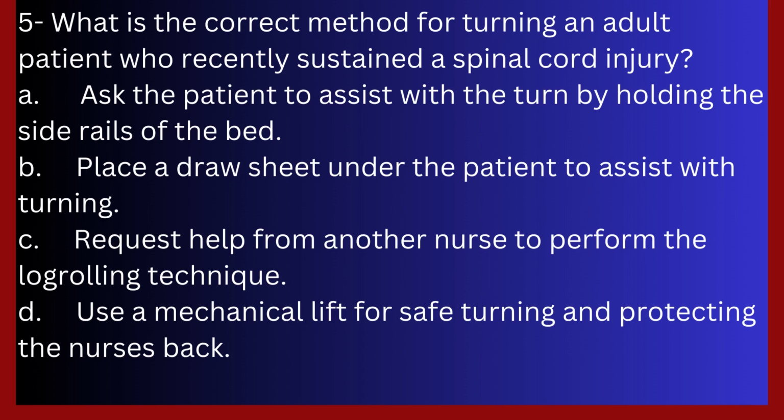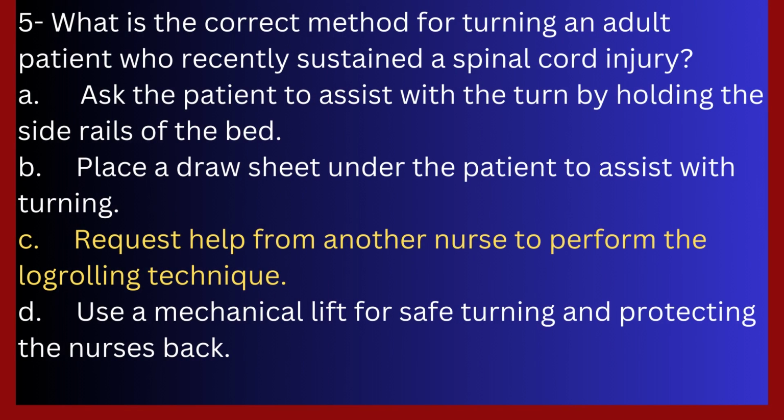C. Request help from another nurse to perform the log rolling technique. D. Use a mechanical lift for safe turning and protecting the nurse's back. The answer is C. Request help from another nurse to perform the log rolling technique.